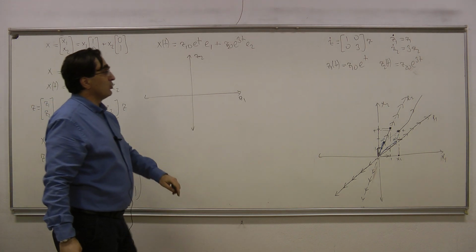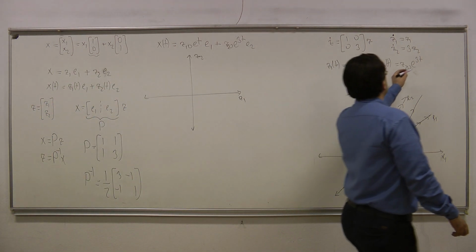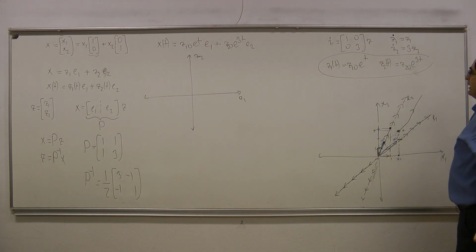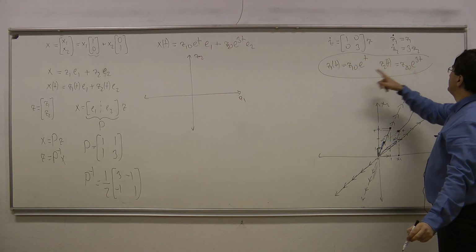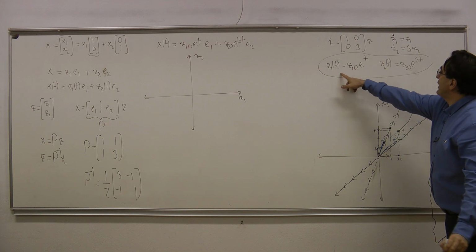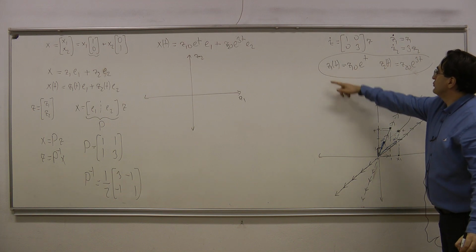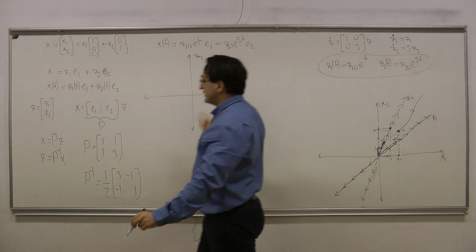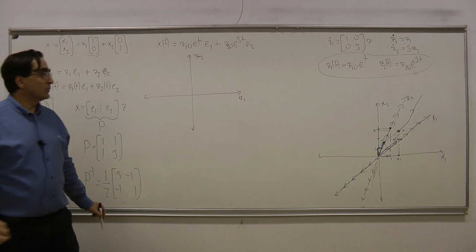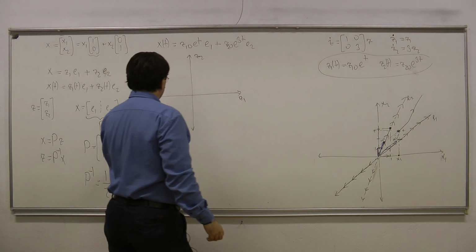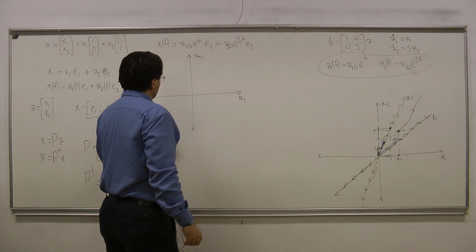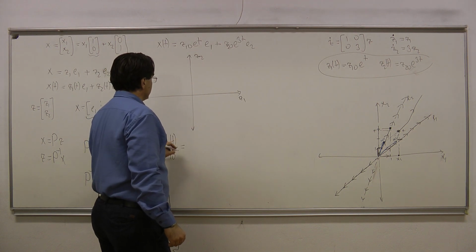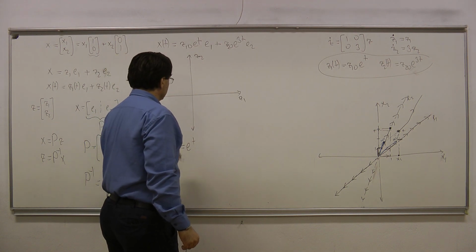So let us try to obtain the motion of the system in the Z1, Z2 plane. These are my two equations, and I need to express Z2 in terms of Z1 to obtain the phase plane trajectory on the Z1, Z2 plane. Okay? So let us get those equations. The first equation I can write as follows: Z1 of t over Z1, 0 is e to the t.